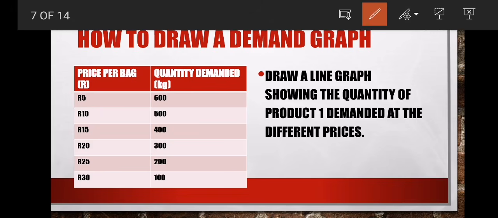What you have here is price per bag, with units in rands. Quantity demanded, with units in kgs. Never forget the units. Then they've given you the prices and the quantity demanded. Then they say draw a line graph showing the quantity demanded at different prices. Now you have to draw the graph.